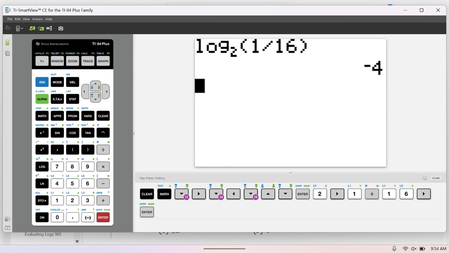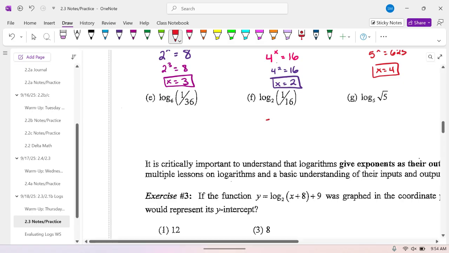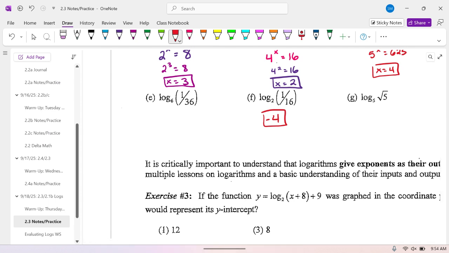Then if I hit enter, my answer is -4, which if we did "loggy froggy," we would have gotten the same answer. All right. So again, if you ever need to put a log in your calculator and it has an actual base, don't use the log key, hit math, and then scroll down till you see log of some base.